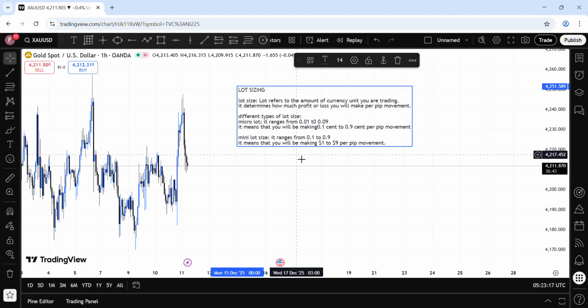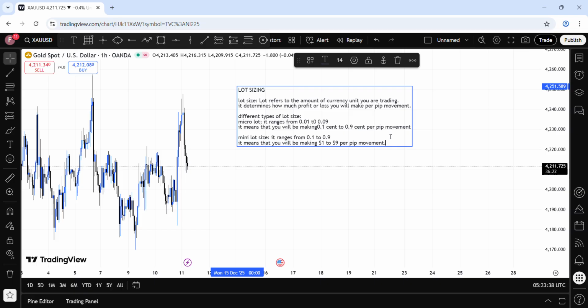When you use a mini lot size like 0.1, it means that for every movement the market makes, you make $1. If you use 0.2, for every movement the market makes, you make $2. If you use 0.9, you make $9.